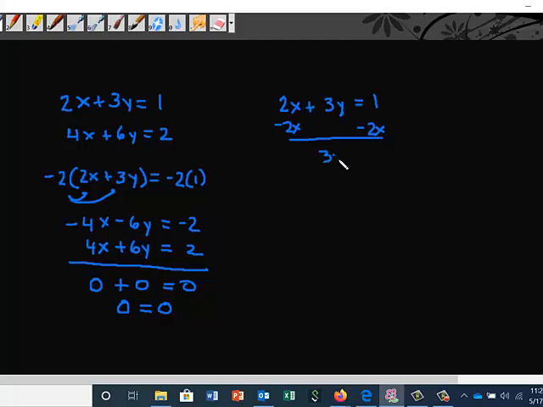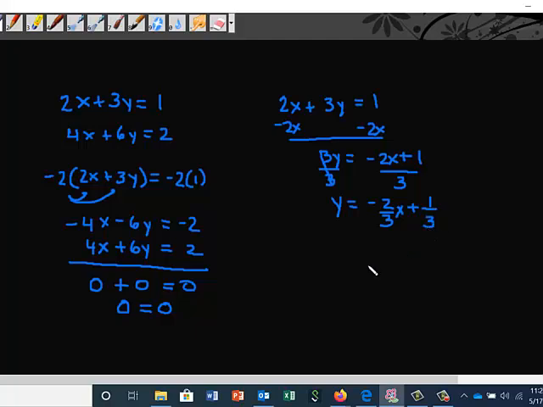So 3y is going to equal negative 2x plus 1. So when we divide both sides by 3, this is what this equation will simplify to. So this will be negative 2/3 x plus 1/3.